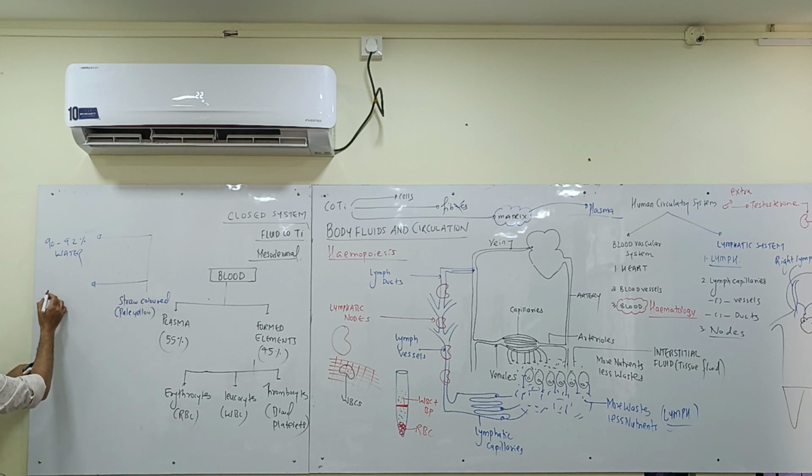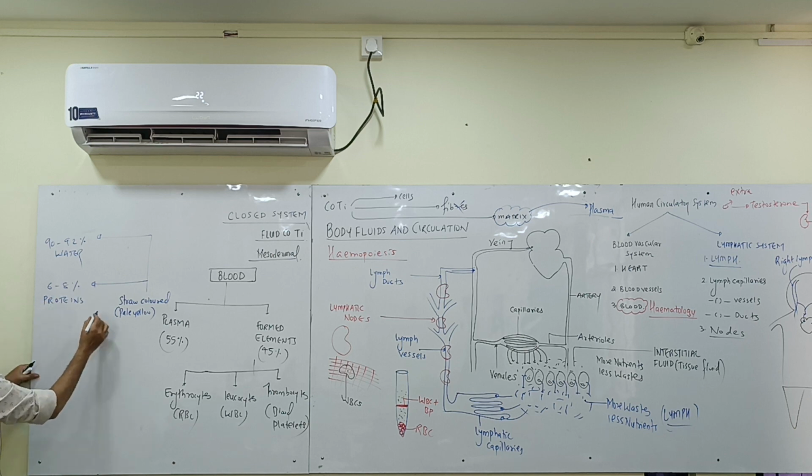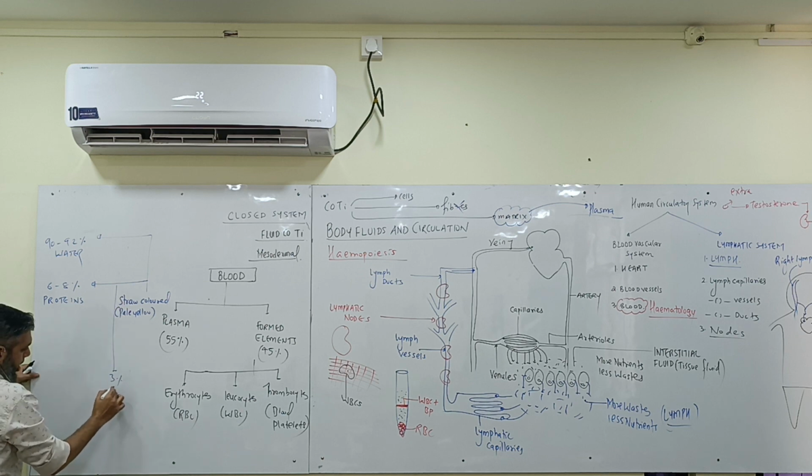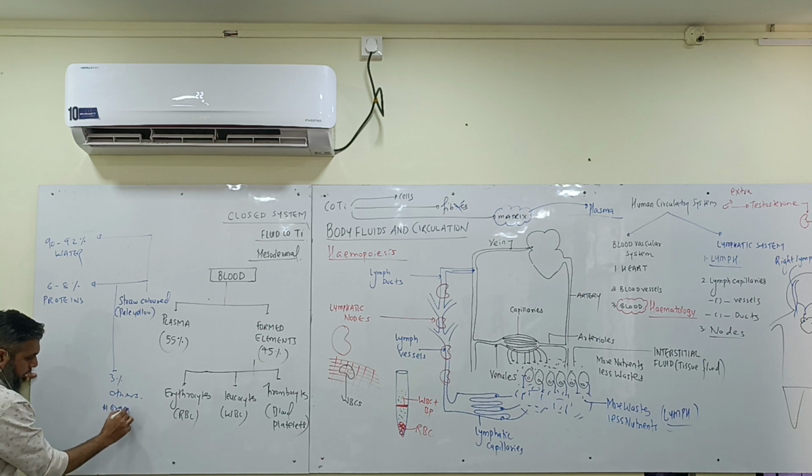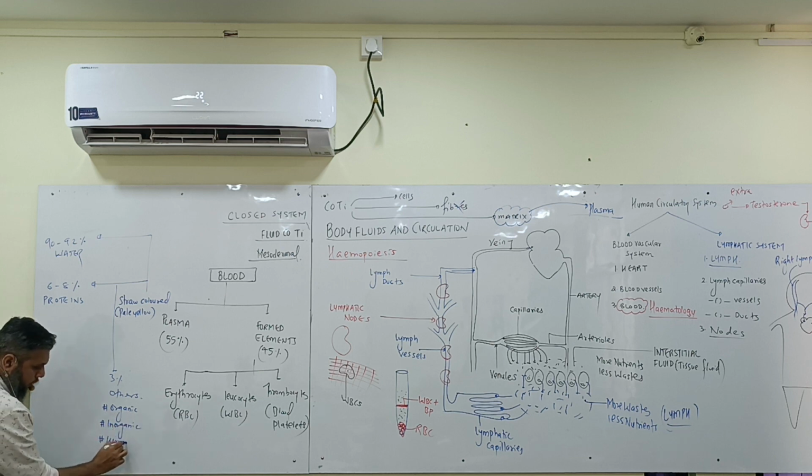It is made up of 6 to 8% plasma proteins, and 3% others. Okay? And these others include organic molecules, inorganic salts, hormones, wastes, etc.